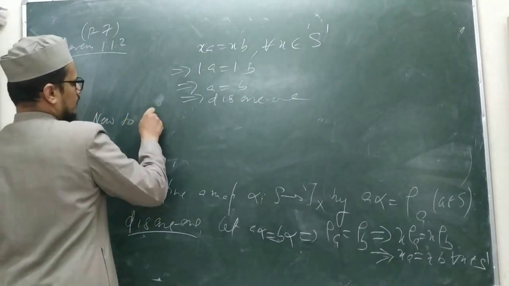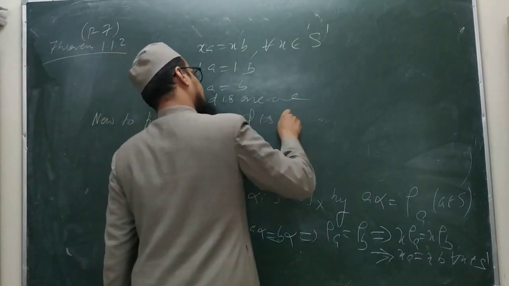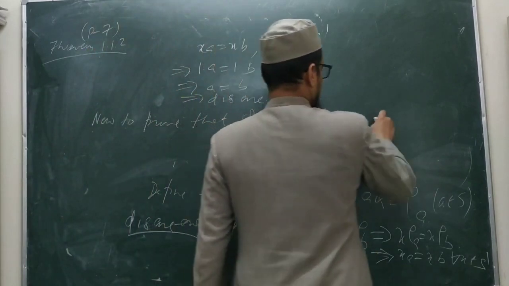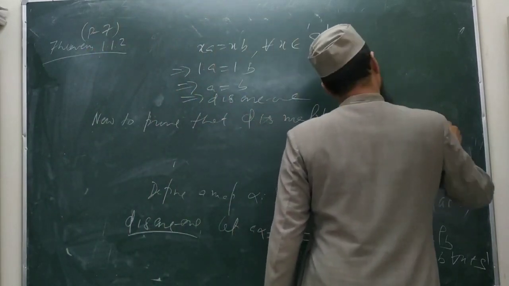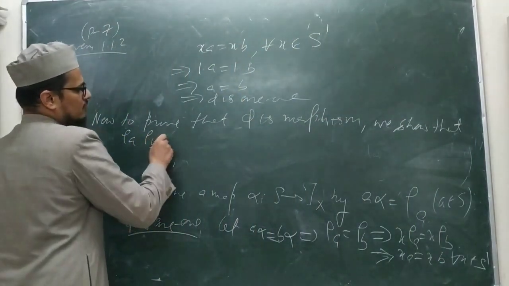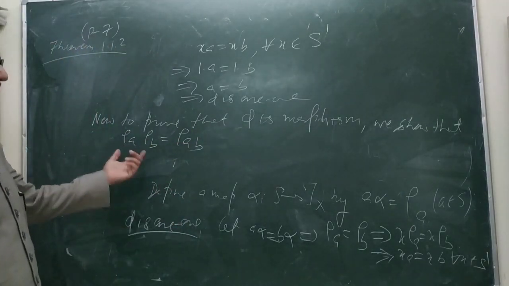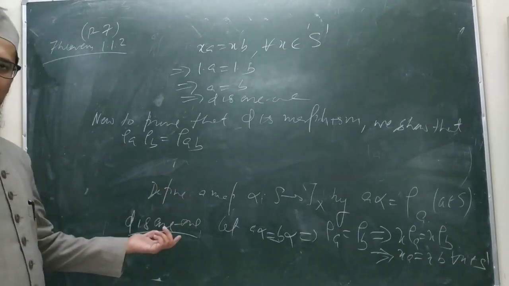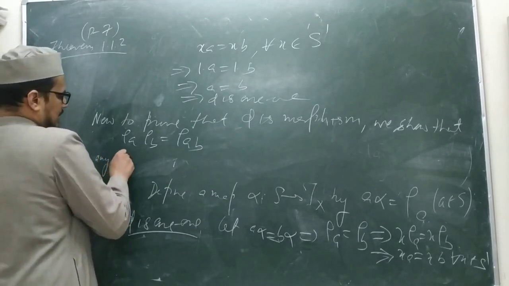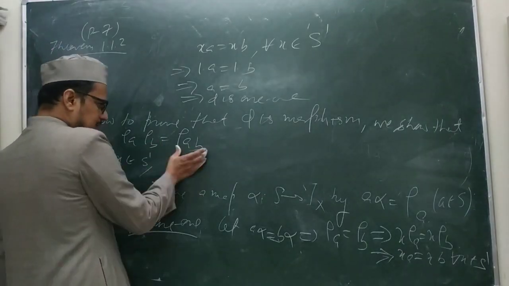Now to prove that α is a morphism, we show that ρ_A ρ_B is equal to ρ_AB. Because if we prove this, then automatically it will be proved that α is a morphism. Now see how. This is a map, this is a map.